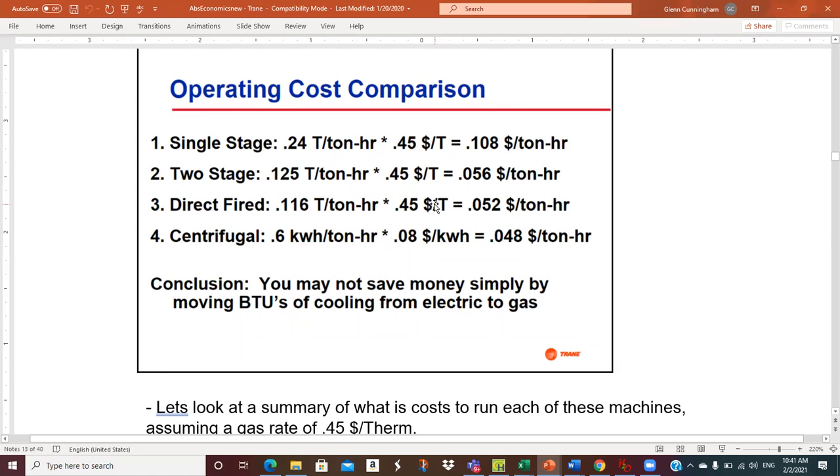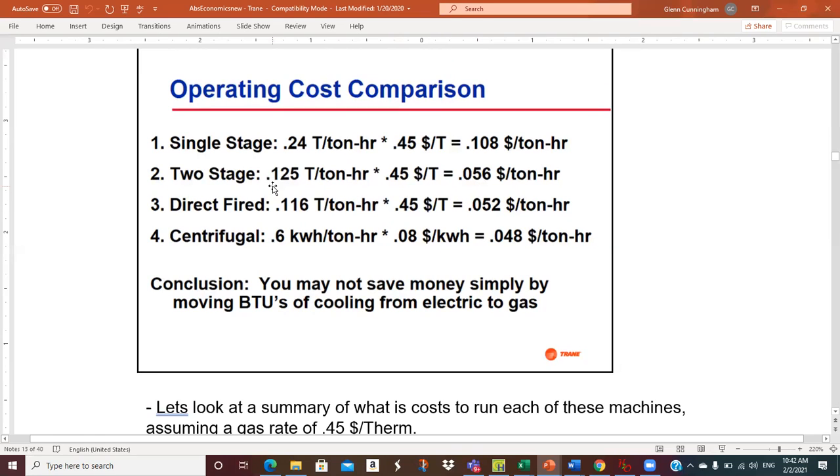And then you've got to have distribution, and everybody along the way has got to add their tax to it. Everybody's got to make a profit. So we're seeing $3.50 to $4. $4.50 is certainly possible. And I'm paying $8, $9 at my house. So I'd be happy to have gas at 45 cents a therm.